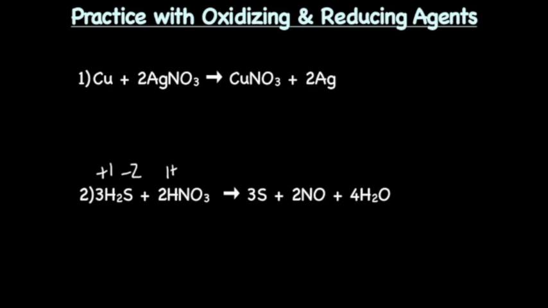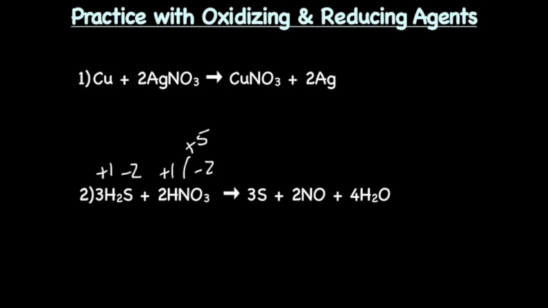Okay, again, we've got hydrogen, which is going to be a +1. Our oxygens are going to be -2. However, there are 3 of them, so we have -2, -2, -2, which is -6. And we only have a +1. Remember, this whole thing needs to be neutral, which means our nitrogen must be +5.